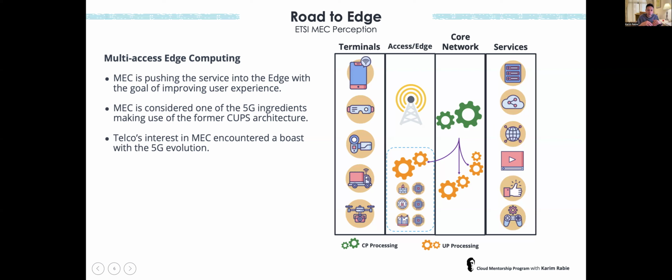Before 5G, there was the standardization of MEC. Formerly it was Mobile Edge Computing, and then ETSI, the European Telecommunications Standards Institute, changed the name to Multi-Access Edge Computing. They were the first, from a telco perspective, to suggest pushing the service to the edge with the goal of improving user experience. Before 5G, there was really no interest from operators because there was no use case. But with 5G, they started to embrace and test the concept.